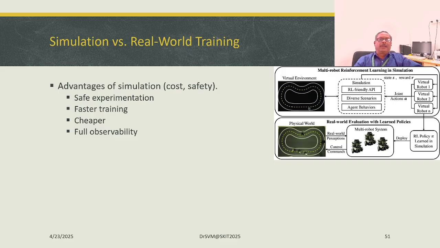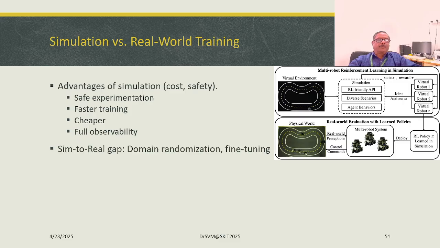That means the whole environment is fully observable when it comes to simulation. But when it comes to real-world training, experimentation is not safe. Training is very slow, it's going to be highly expensive, and only partial observability is there.